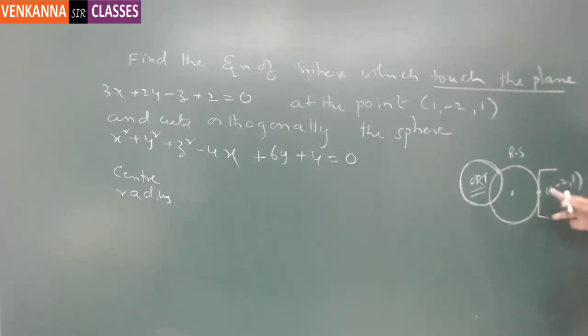Since it is touching here, distance is equal to radius, and also this line is perpendicular to the plane. So I will write the line equation, and by writing it I will know the center. By making distance equal to radius, I get the parameter value.